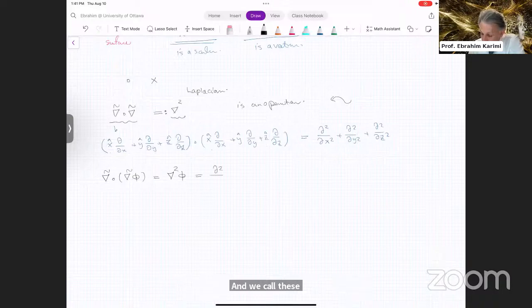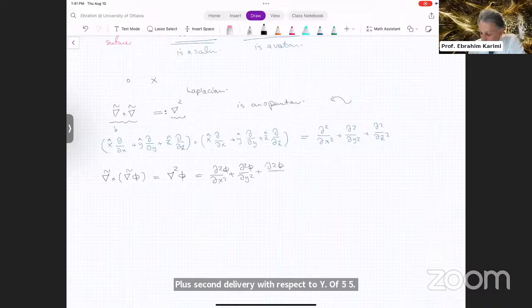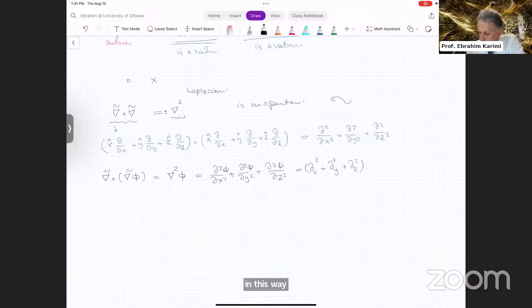It is the second derivative of phi with respect to x, plus the second derivative with respect to y, plus the second derivative of phi with respect to z. Or sometimes people write it in this way, of phi. Remember, phi is a function of x and y and z.